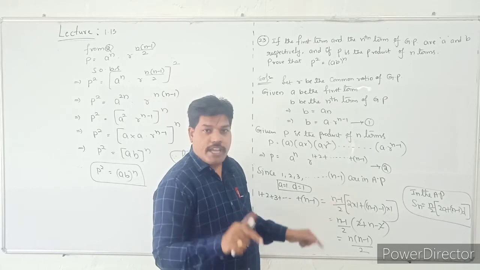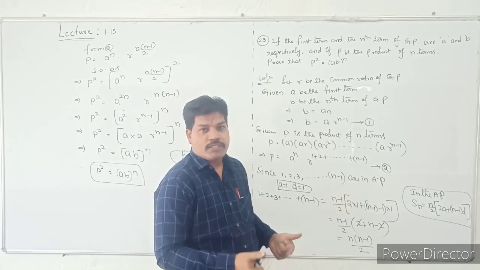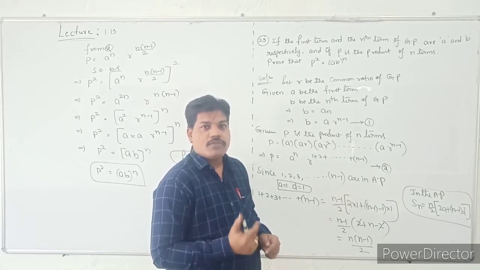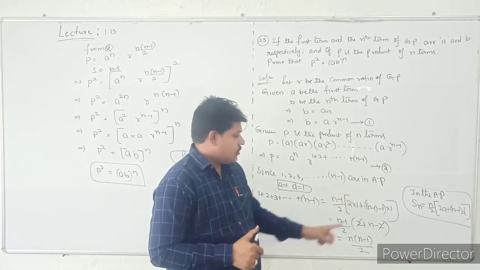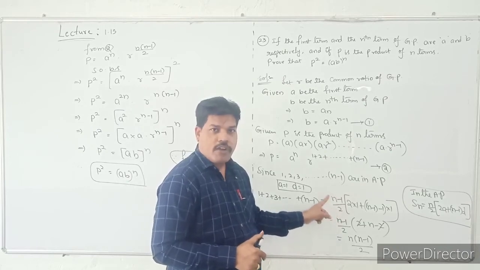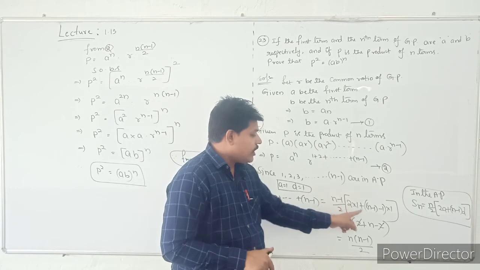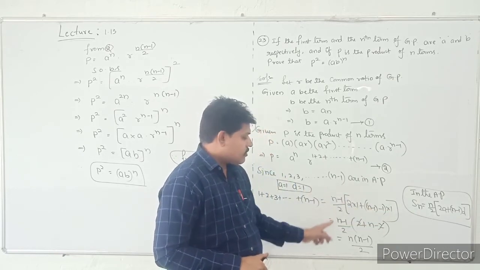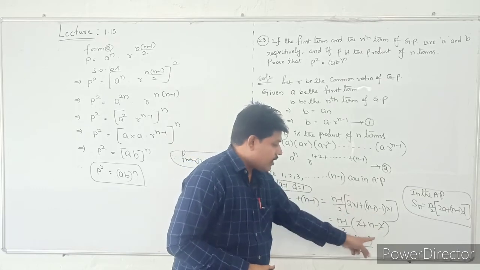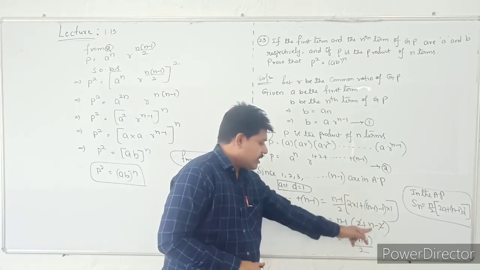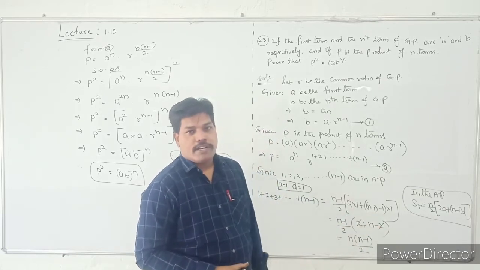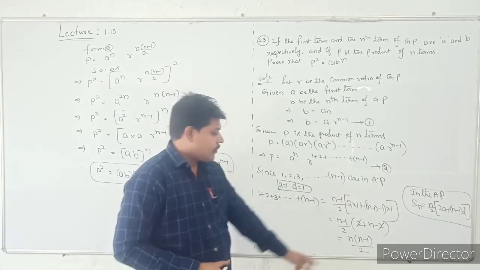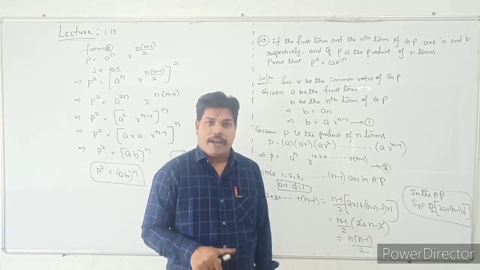So in the place of n you have to replace n minus 1, and the a value is 1 and the d value is 1. So (n minus 1) by 2 into (2 plus n minus 2), the 2 will be cancelled, you will get n. So 1 plus 2 plus 3 and so on up to n minus 1 value is n into (n minus 1) by 2.